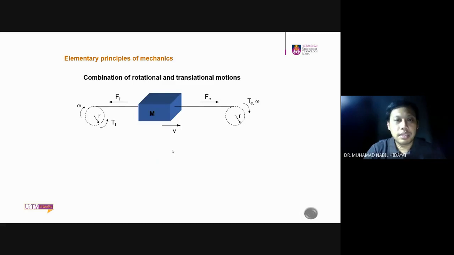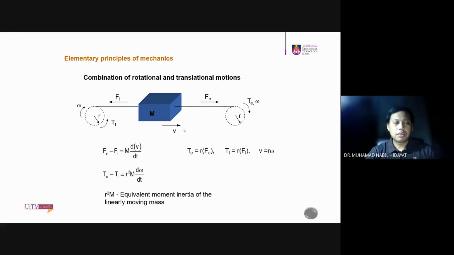So next we see the combination of the rotational and the translation motion. You can see the relationship between the linear force with torque, the rotational force. So you can say that Te equals R times Fe. R to the power of 2 times mass is equivalent to the moment of inertia of the linearly moving mass.